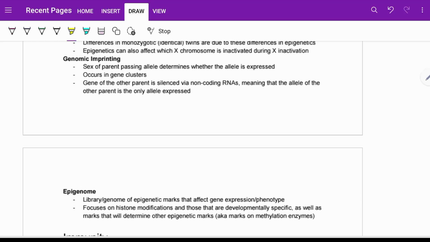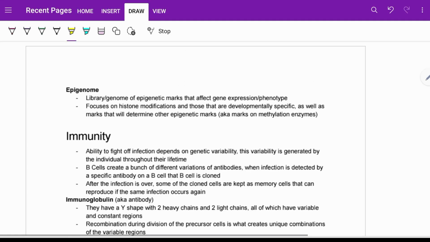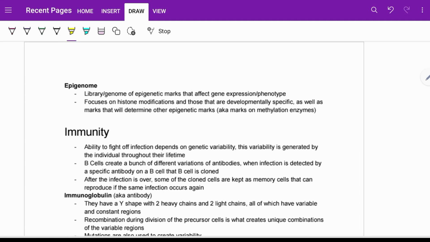We also have the concept of an epigenome, and that's kind of like a library of epigenetic marks that affect gene expression or the phenotype. So just like we have a genomic library, that's a library of all of the base pairs in a DNA, or a proteomic library, which is a library of all the proteins that are created.